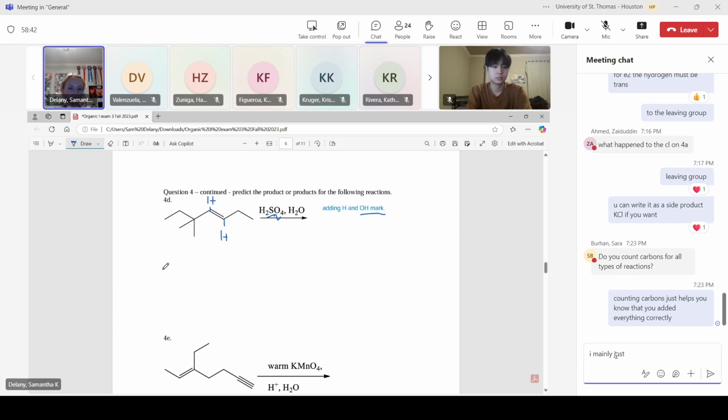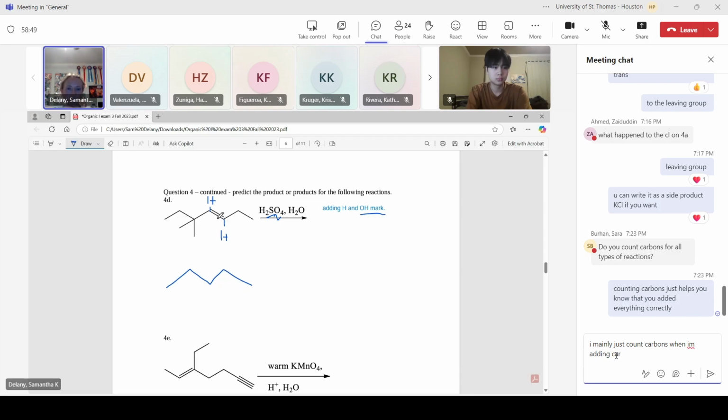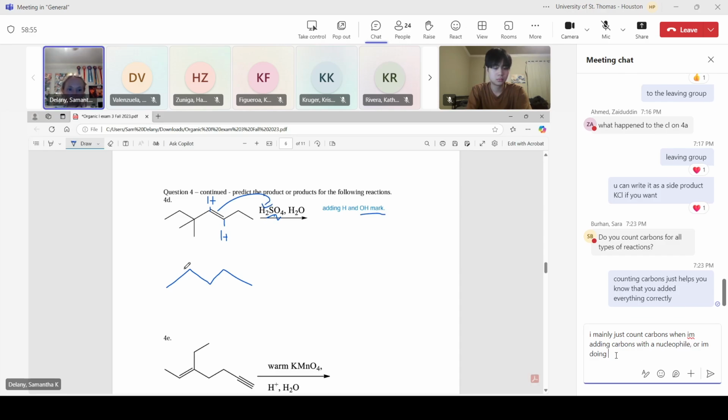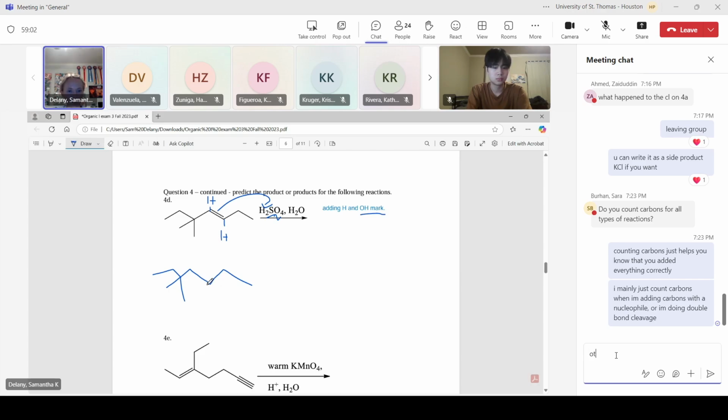And let's go ahead and draw out all of our carbocation intermediates. Because on this problem, we add the hydrogen first. It just grabs a hydrogen off of the sulfuric acid, leaving a carbocation on the other side of that alkene. Okay, so the first possibility, I could have my carbocation on this carbon.